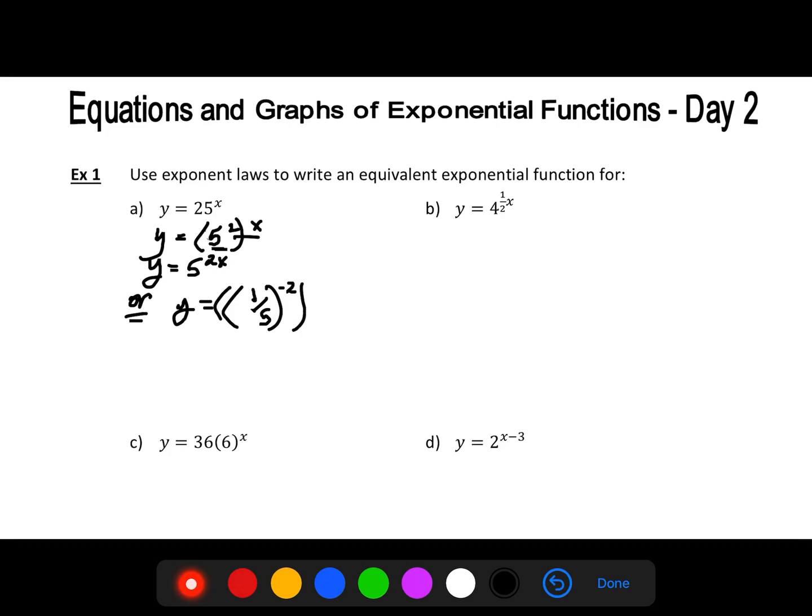Remember, 1 over 5 to the -2 is still 25. And this would also be to the power of x. So we could also rewrite this function as y equals 1 over 5 to the power of -2x.